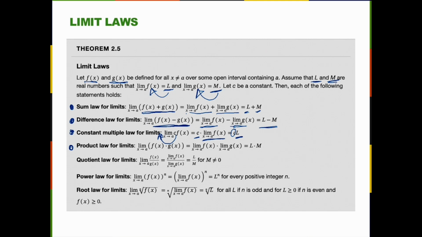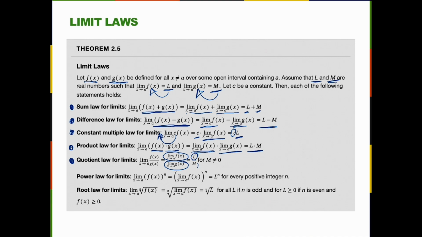Okay, so similarly, for the product law, and I know that those limits individually exist, I can separate them, find the limits separately, and then multiply the limits together. The quotient rule again works the same way. If I create a new function by taking f of x divided by g of x, and I know individually what those limits are, I can find the limits individually and then divide.